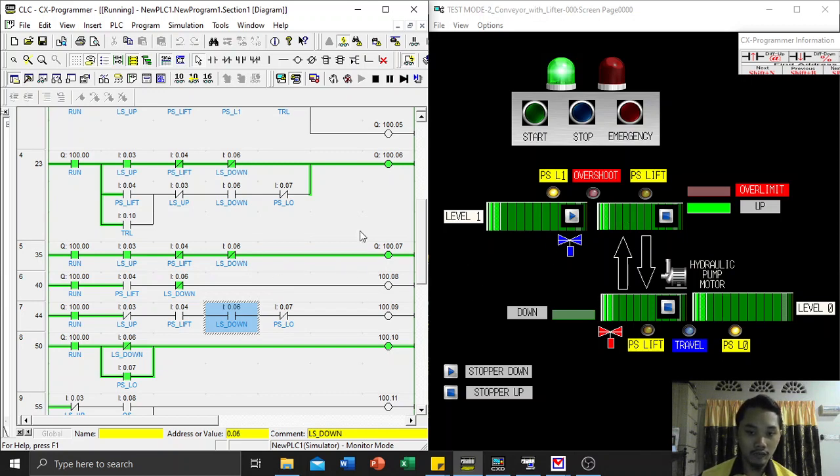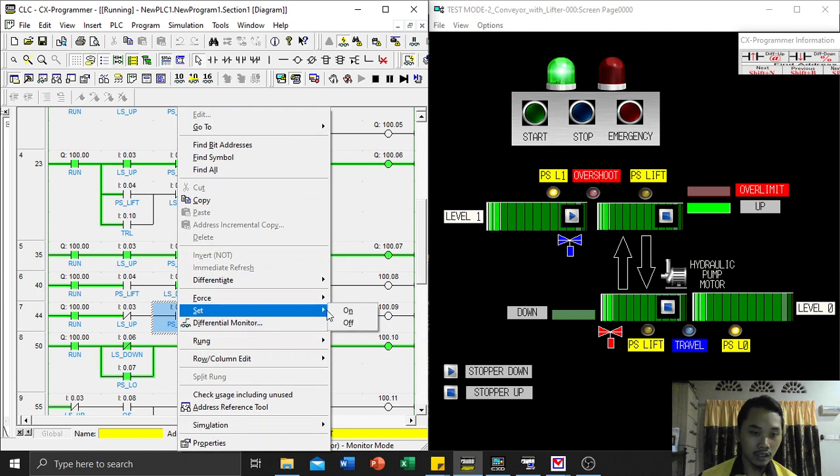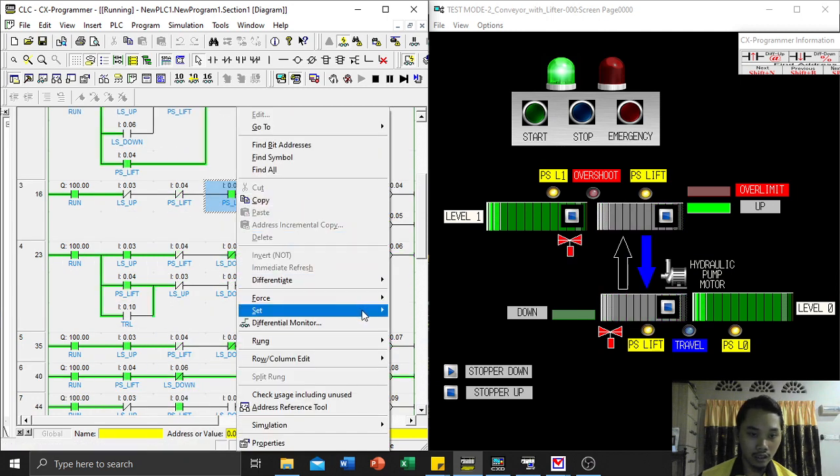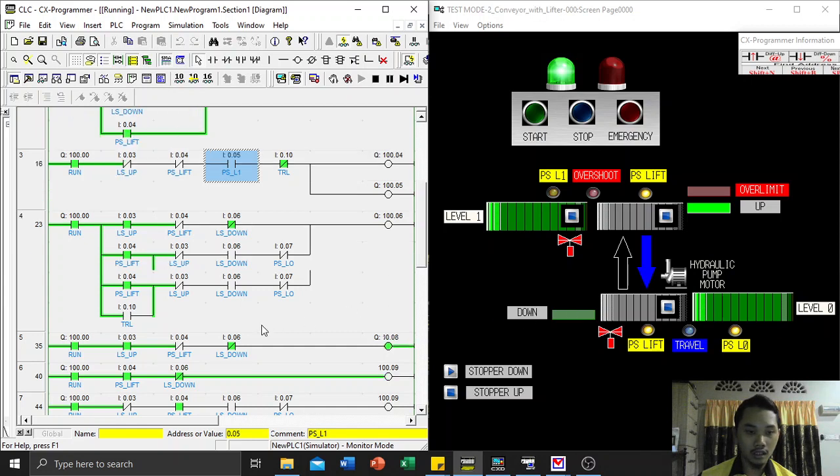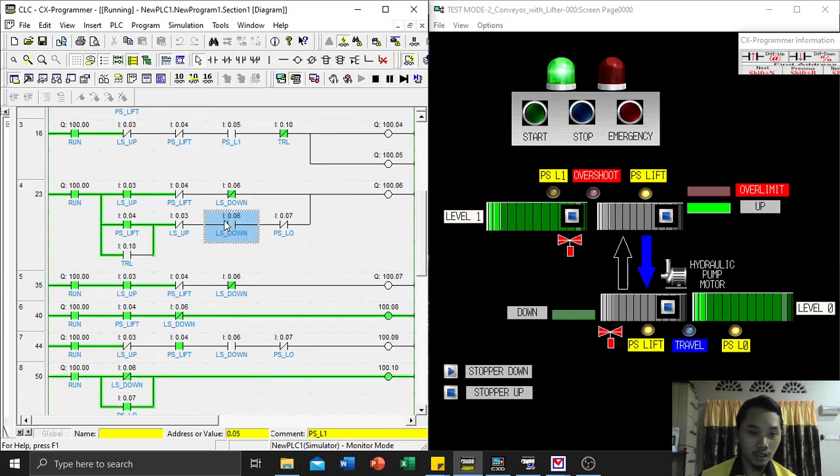The same goes if the load is at the down position here. I turn it off at the down position. Now it's going down. After the limit switch down, the lifter is at the down position. In reality the table lift is at the down position, but in the system the limit switch up and down are both high, so it doesn't know whether the lifter is actually at the up position or the down position, so it will not transfer the load from the table lifter to the conveyor at level 0.